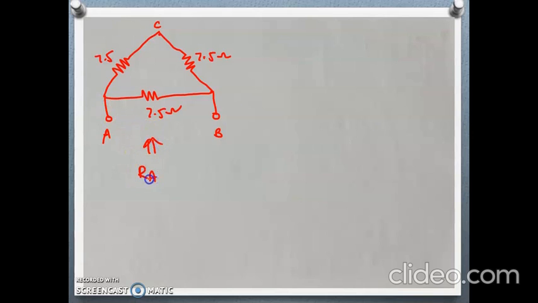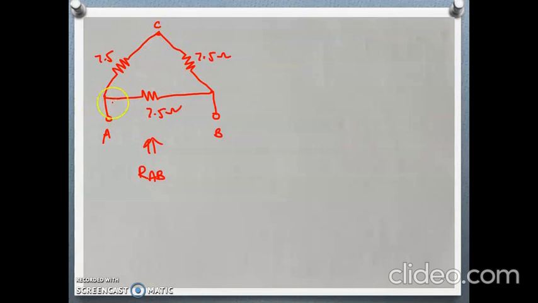Here we want the equivalent resistance RAB, that means the resistance between A and B. When we measure the resistance between points A and B, what will be the equivalent resistance of the whole circuit? So we have to reduce the circuit again.